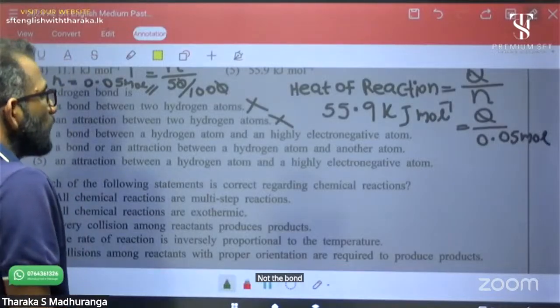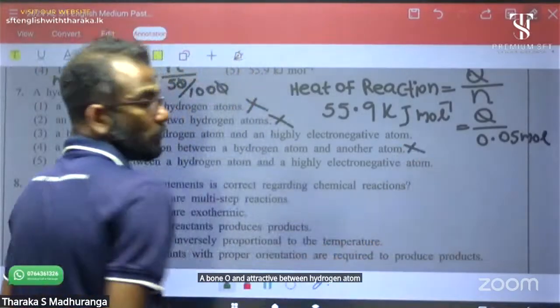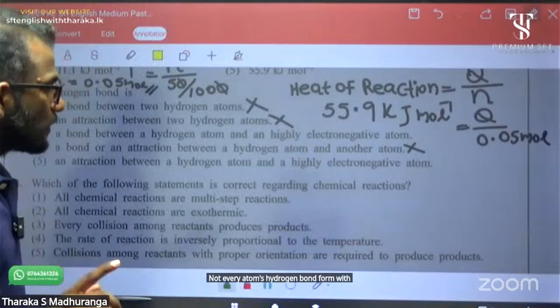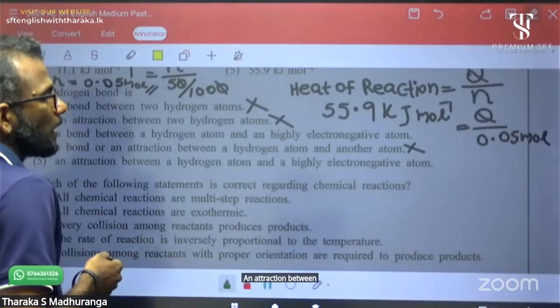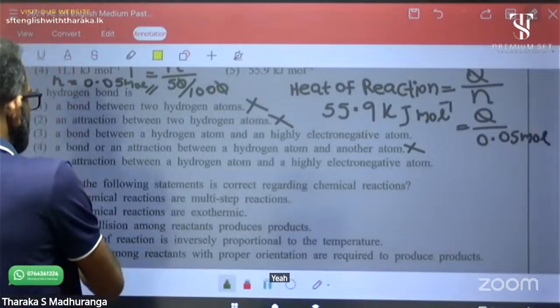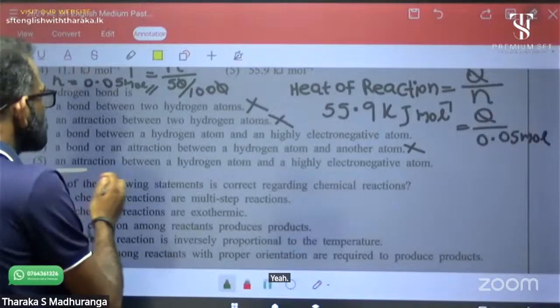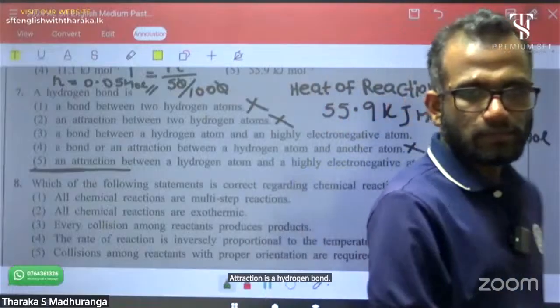A bond or an attraction between a hydrogen atom and any other atom is wrong, because not every atom forms a hydrogen bond with every other atom. An attraction between a hydrogen atom and a highly electronegative atom, yes, that attraction is a hydrogen bond. Answer number 5.